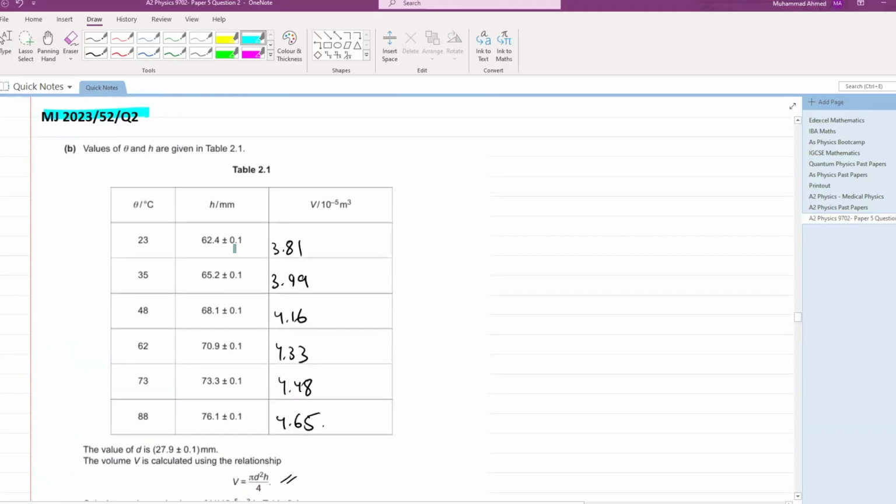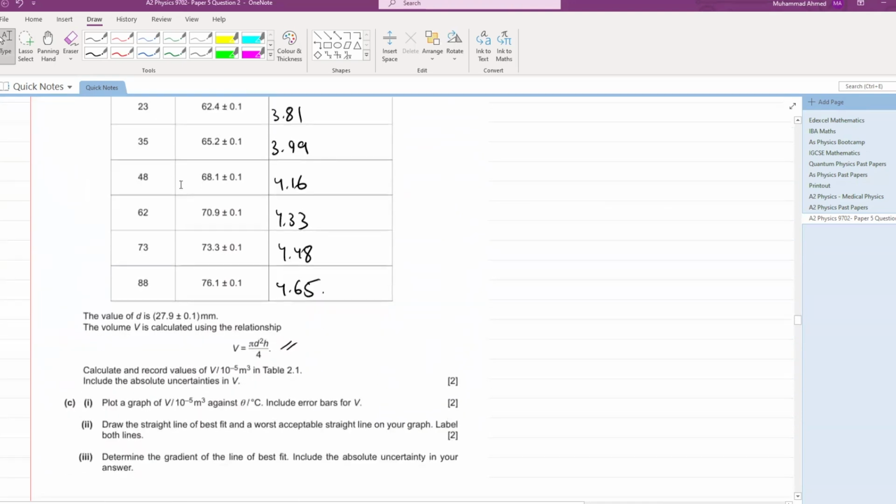Now here I have already filled the table just to save some time. There is a unique thing happening here in May, June 2023, paper 5, variant 2, question 2. You had to calculate the volume and the formula of volume was given.